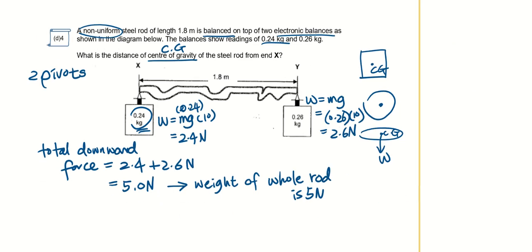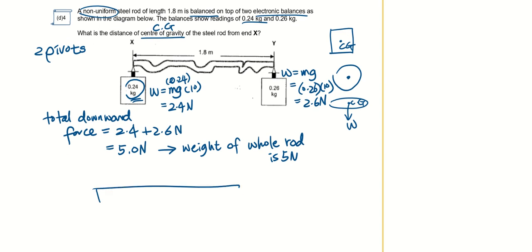So to put it in a diagram, this is the rod, and I have a support point here and a support point here. So this is actually your X and Y. They are supporting it with a force of 2.4 newtons. That's why the electronic balance is displaying 2.4 newtons.